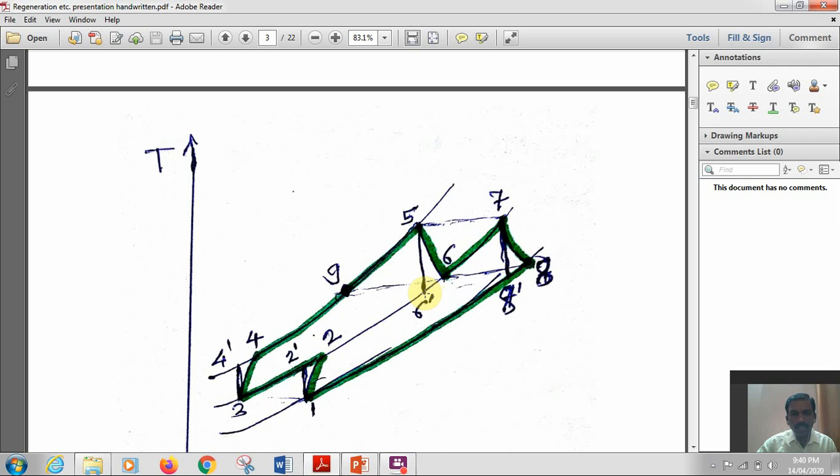You will get T6 dash. Then the efficiency of the turbine is (T5 minus T6) divided by (T5 minus T6 dash). T6 dash you have just calculated, and T5 is already known, the maximum cycle temperature. With the efficiency of the turbine and all other temperatures known, you can calculate T6. That is, T6 is equal to T8.